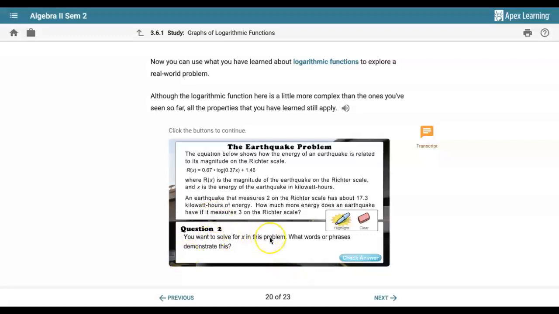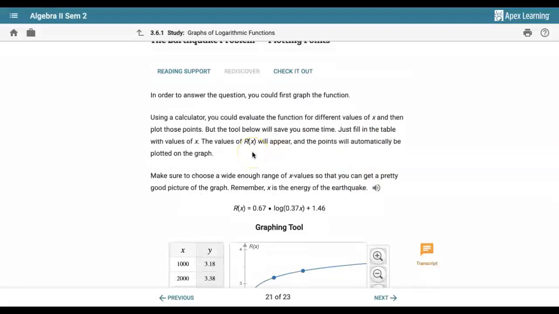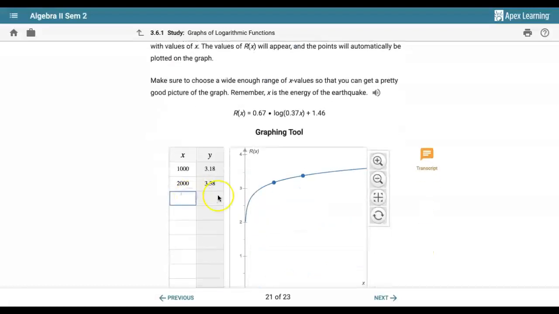You want to solve for x in this problem because it's saying how much more energy, and x is the energy. That's how we dissect that problem. Then what we can do is solve this by evaluating using our graphing tool here, and plug in values.